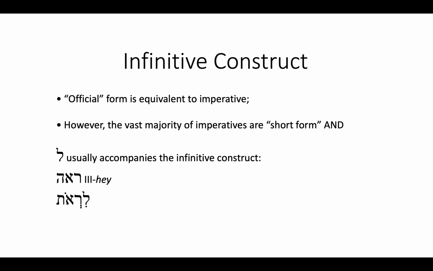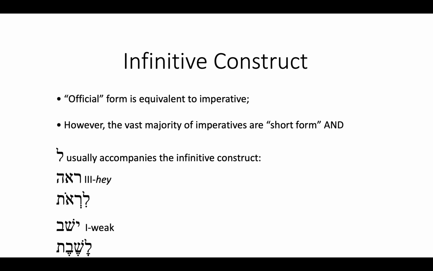A few more. Resh, aleph, hey, to see, a very common root, obviously, is lir'ot. So here again, the hey turns to a tav. Now it becomes even a little weirder. We have yashav becomes lashevet.